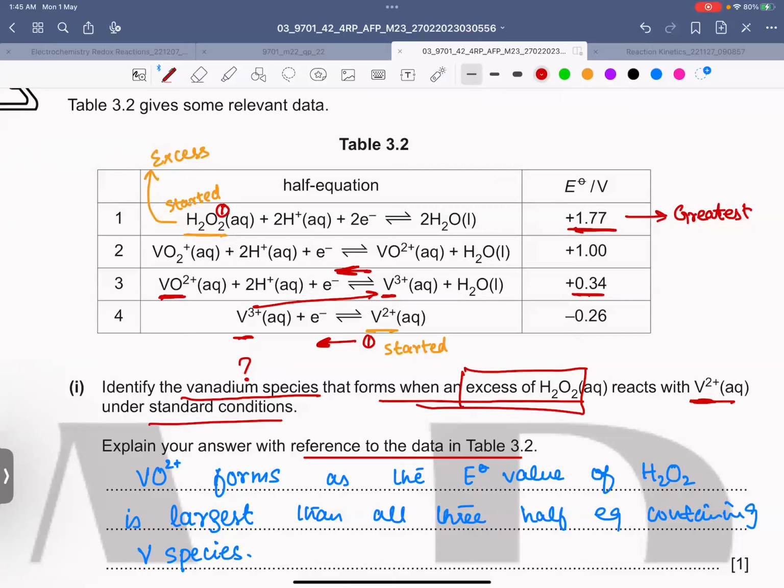And if you look at the next equation over here, this VO2 positive ion is further oxidizable into VO2 positive ion, and its value is even smaller than 1.77. So H2O2 is in excess, so it can oxidize this till VO2 with a +1 charge. Now is this clear?